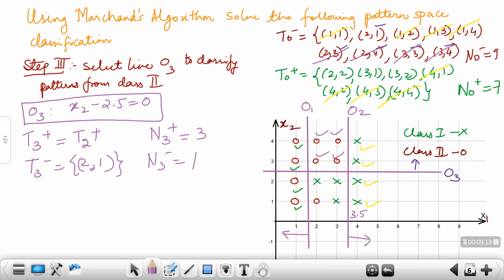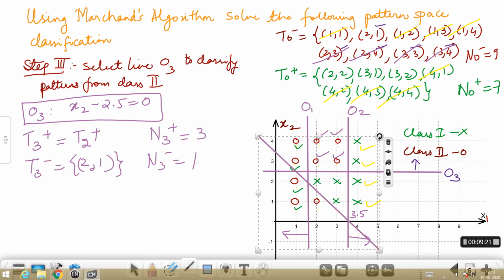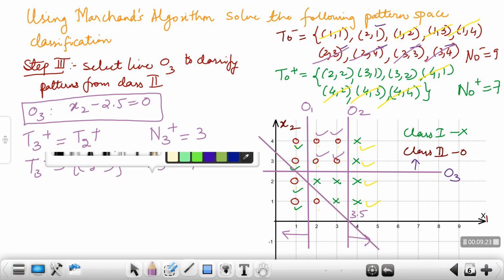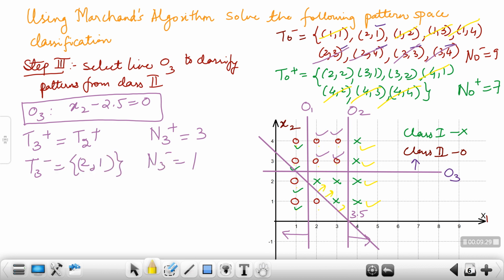The last step, we can just draw this particular line. So I have drawn this line such that these points will be classified. So this particular line I have selected. So this line is written as O4, and this is the direction.